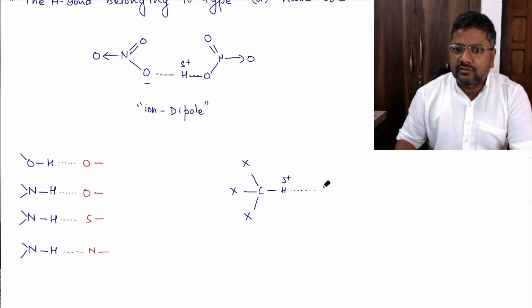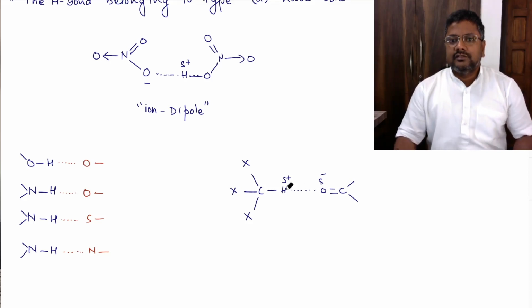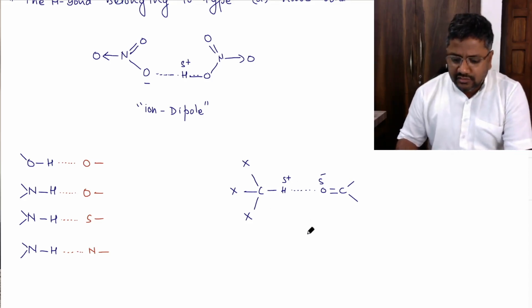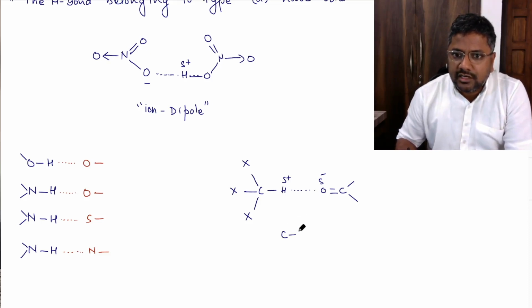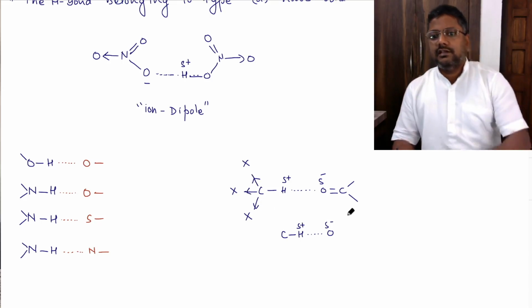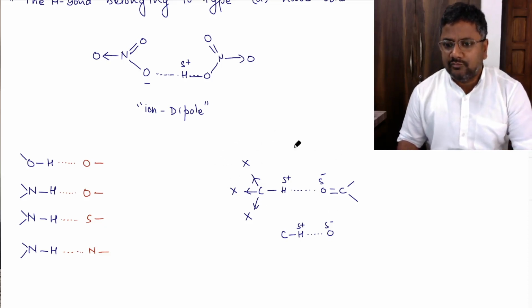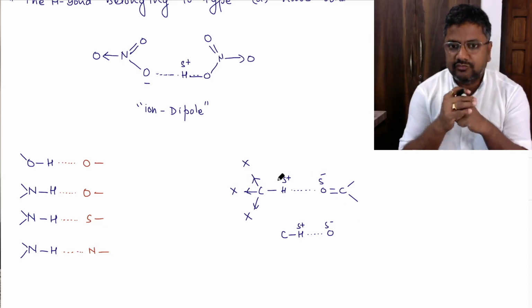So this also may enter into hydrogen bonding with compounds like this. But you should remember it is possible only when strong electron-withdrawing groups are present at the carbon. This is not frequently observed.